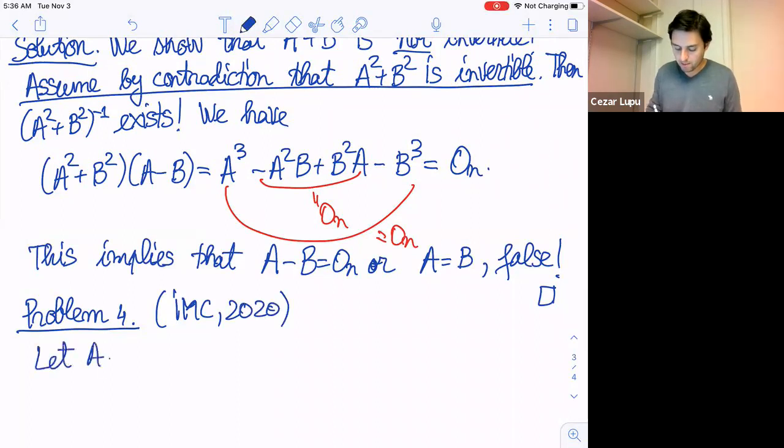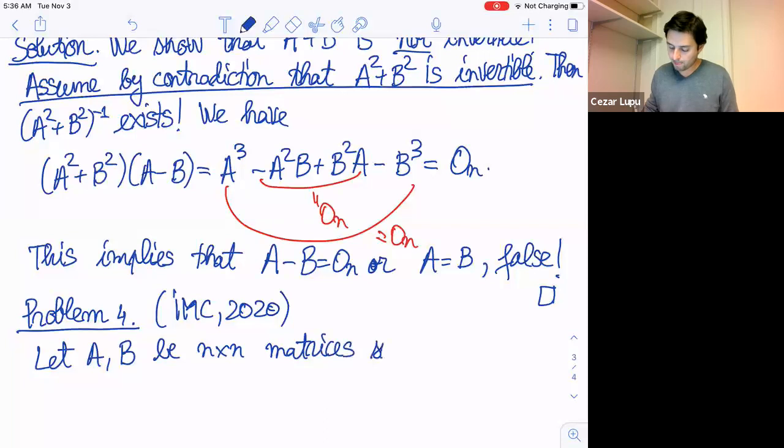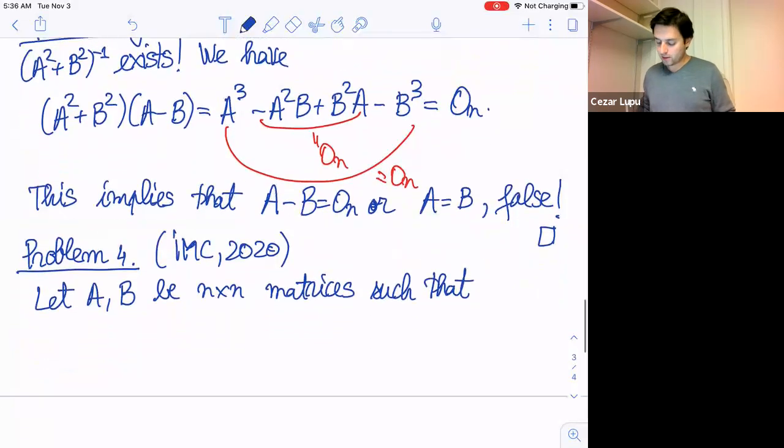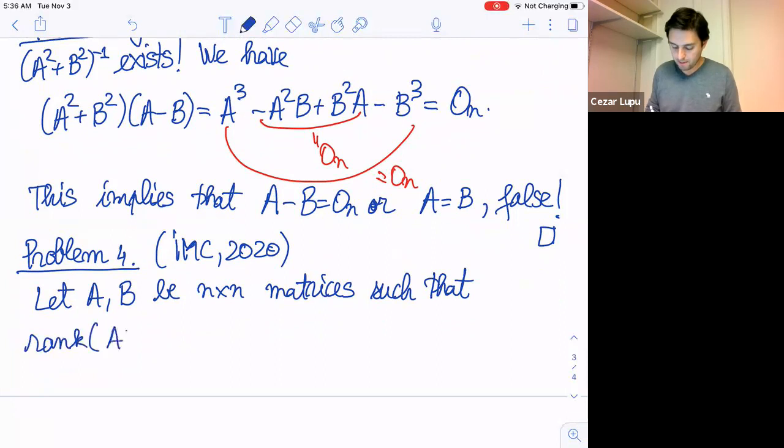Let A and B be n by n matrices such that the rank of the matrix AB minus BA plus the identity is 1.